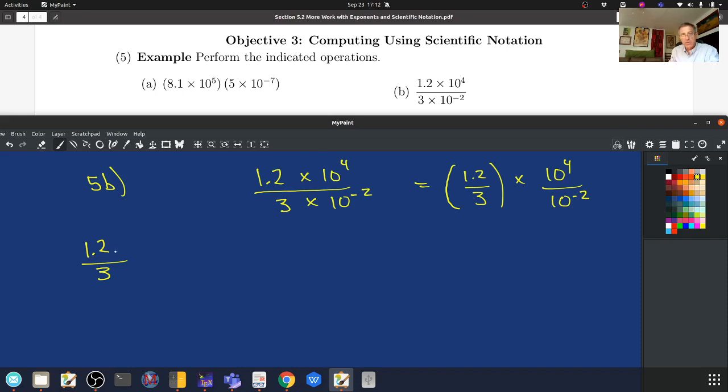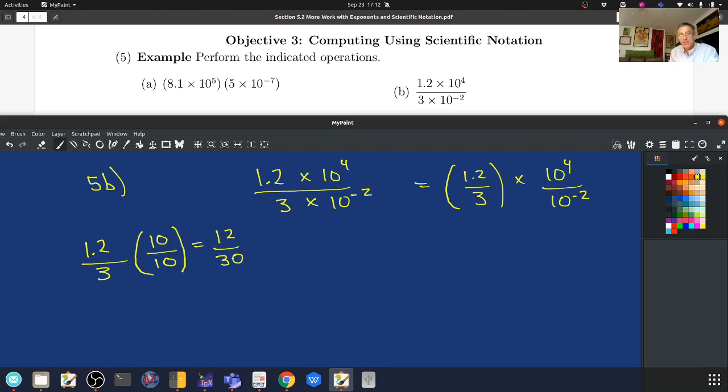I just move it to the right one place. That's the same thing as multiplying the quantity by 1 disguised in the form of 10 over 10. So 1.2 times 10 is 12, and 3 times 10 is 30.